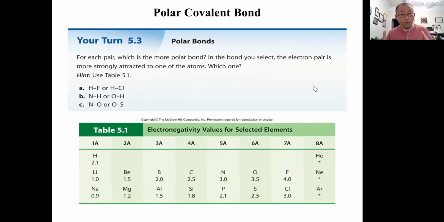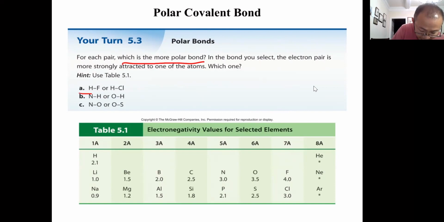The reason they have a polar bond is because the two atoms have different electron activity. So a greater difference means their sharing is more unequal. If that's the case, the bond will be more polar. So the question of which one is more polar basically asks which pair has the greater difference in electron activity.